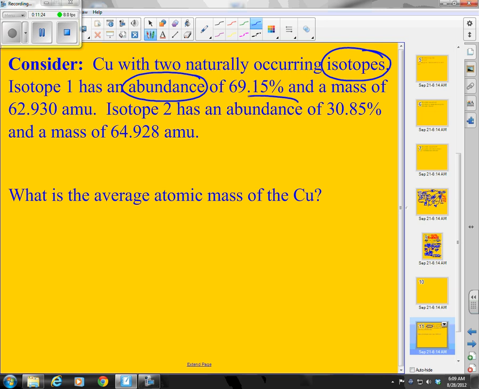Isotope 2 has an abundance of 30.85% and a mass of 64.928 AMU. And we want to know the average atomic mass. Okay, so there are two sets of words we need to understand. We need to understand isotopes, and we need to understand average atomic mass.